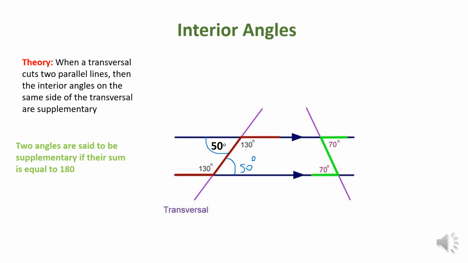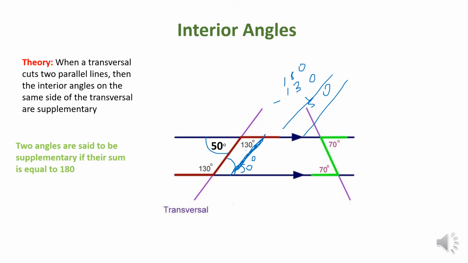So I know that the sum of these two angles must add up to 180 degrees. So all I can do is subtract 130 from 180, and I will get 50 degrees. So you see, I could have either used alternate angles or interior angles to get my answer.